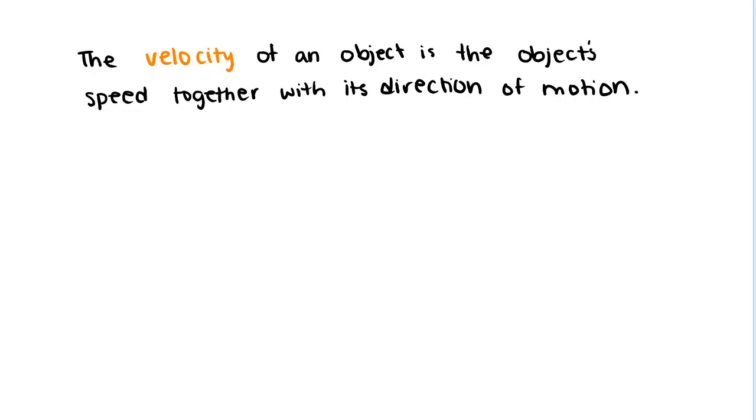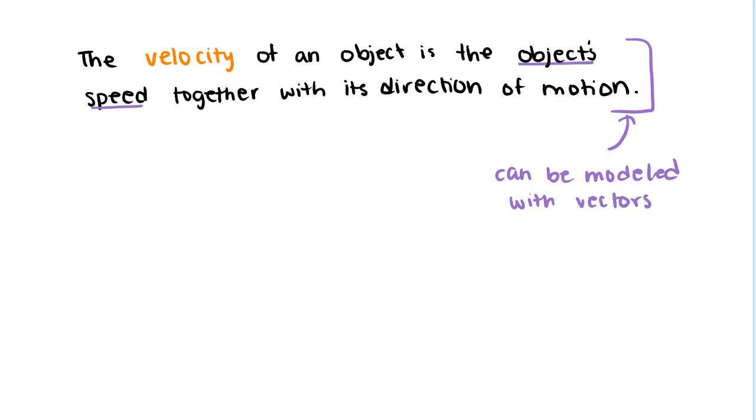So this idea can be modeled with vectors. The object's speed can go along with the magnitude of the vector. The magnitude of the vector can represent the speed of the object, and the angle of the vector can represent the direction of motion.